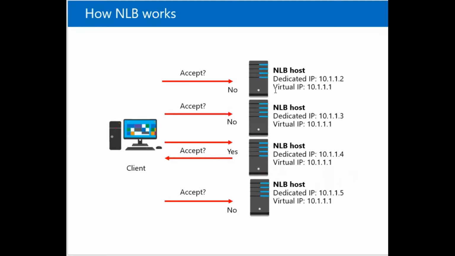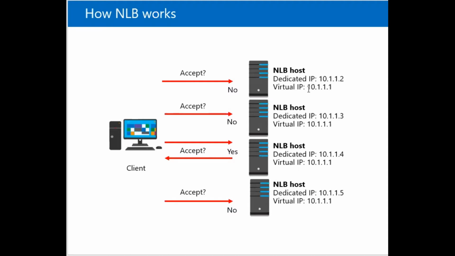Each of the nodes has its dedicated IP, for example 10.1.1.2, 10.1.1.3, 10.1.1.4, and 10.1.1.5. These are their individual server IP addresses, but they have a common virtual IP address, which is the same for all.